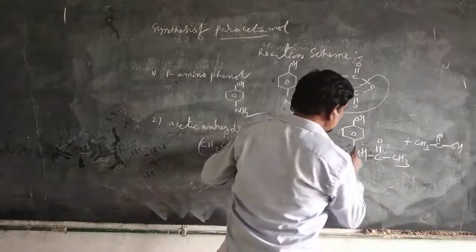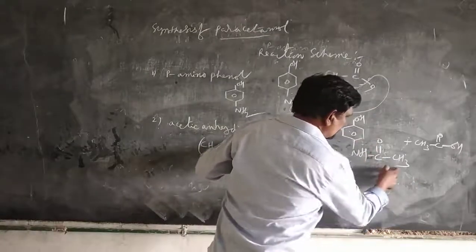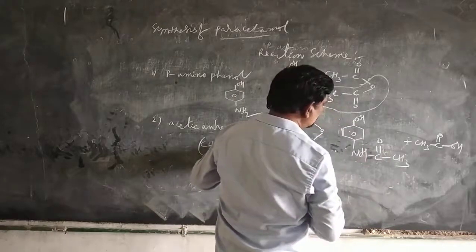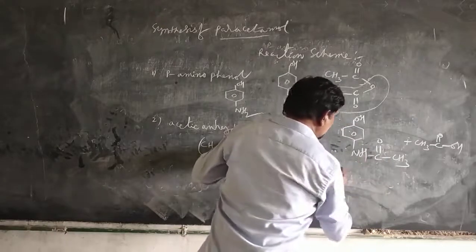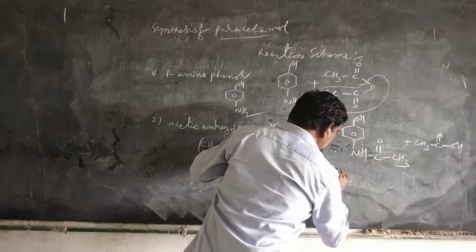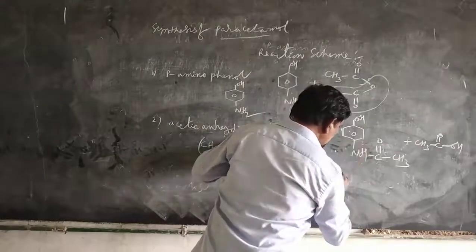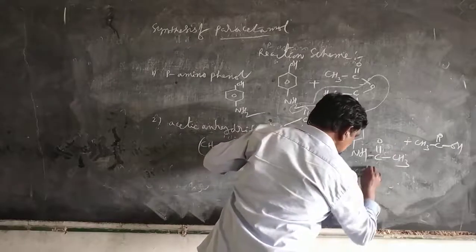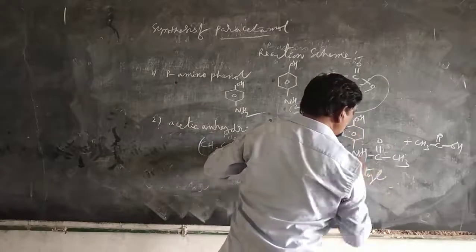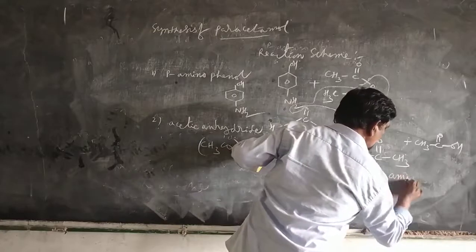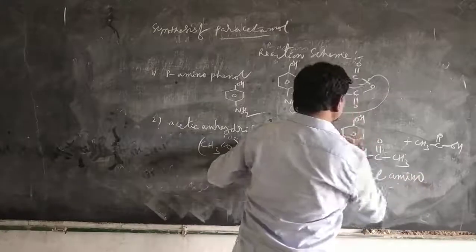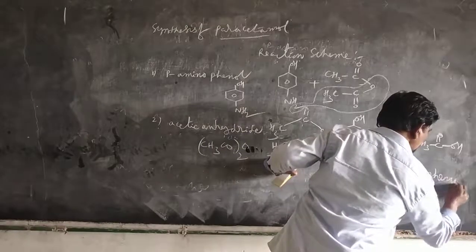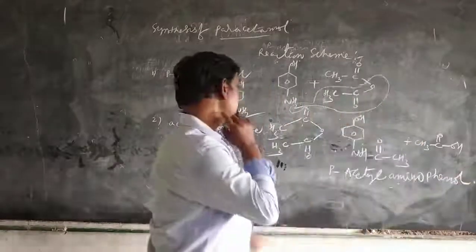So at the para position, this CH3CO group is on the amino group. That's why the compound is named para acetyl amino phenol, and it is known as paracetamol.